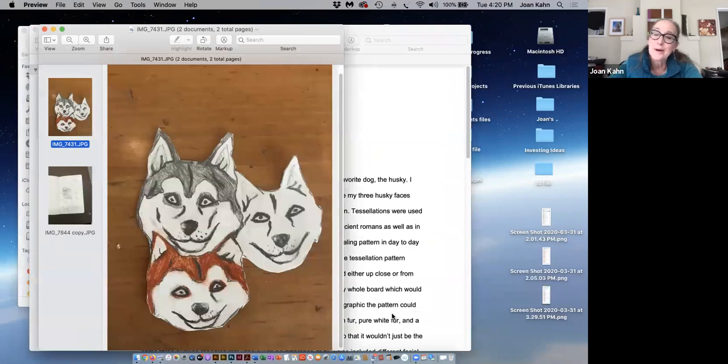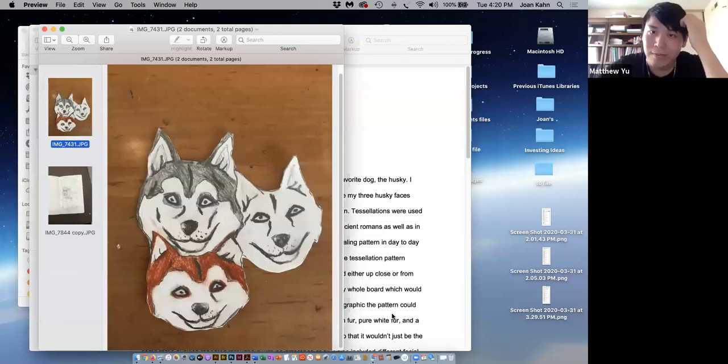And then I don't know, Matthew, how did you decide to cut these out and start to fit them together this way? I don't think I really... I don't know. I kind of just fitted their heads in between the other dogs' ears, and then I just matched it like a puzzle piece, sort of.